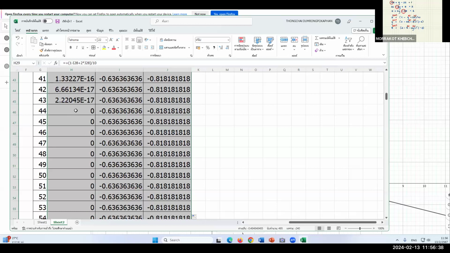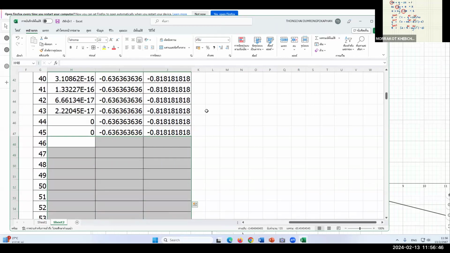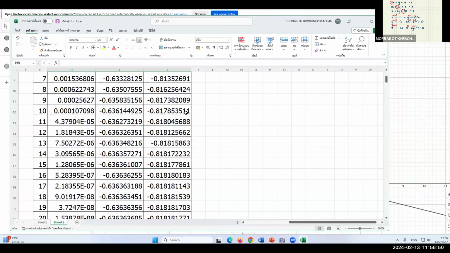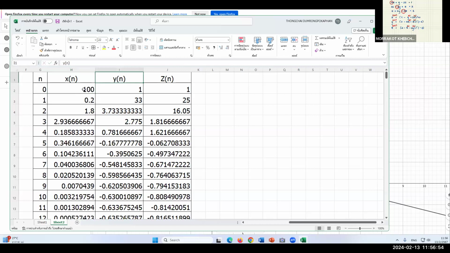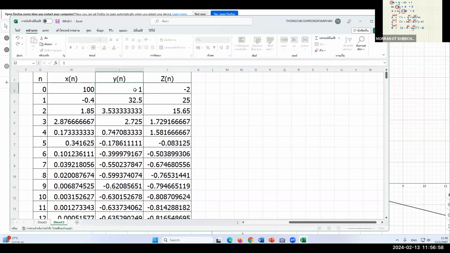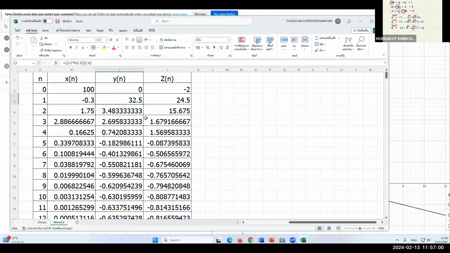Yeah, I plug in 0, get this result, and this one, 45 iterations. Let's see. If I change it to 100, minus 2, 1 is 0. Okay. So just any initial guess.